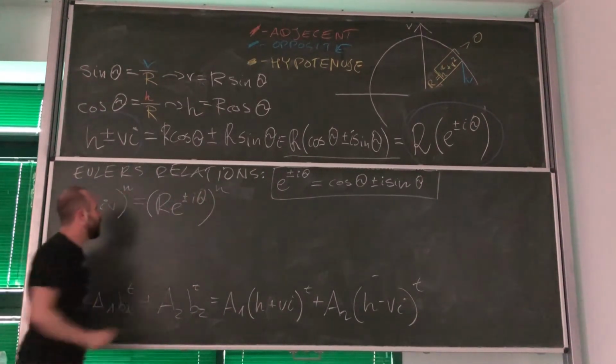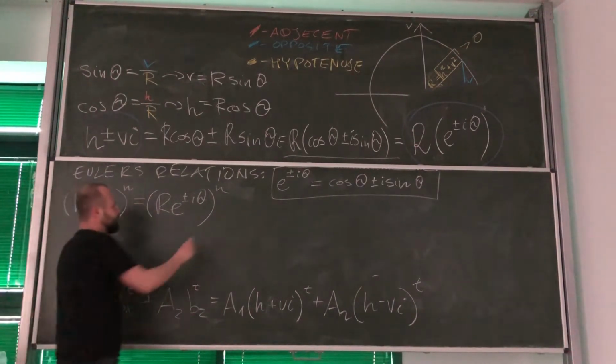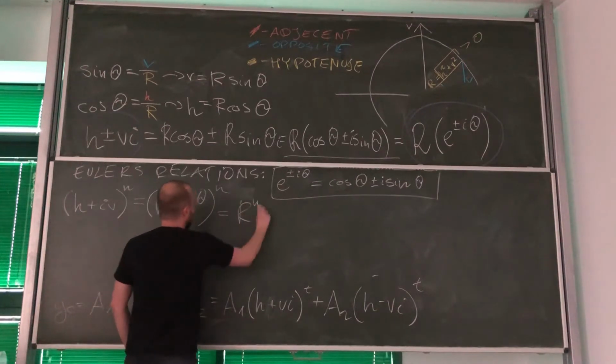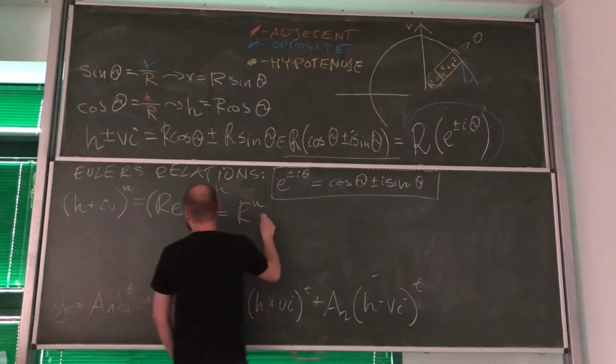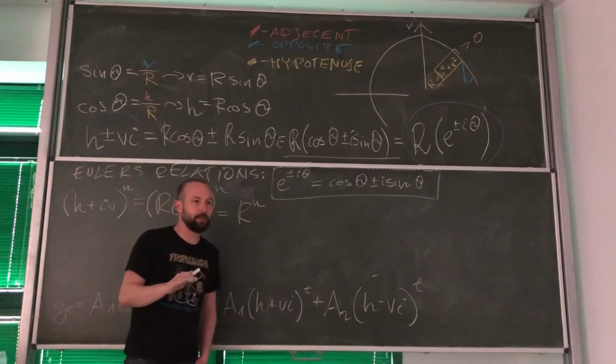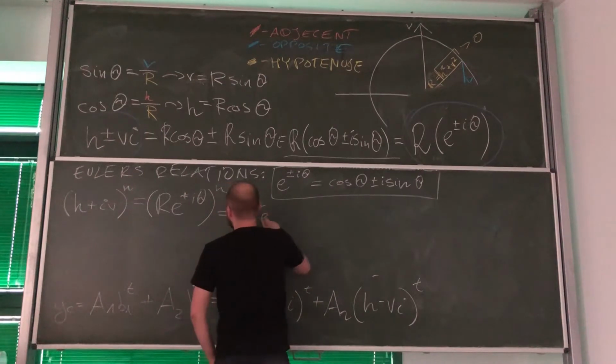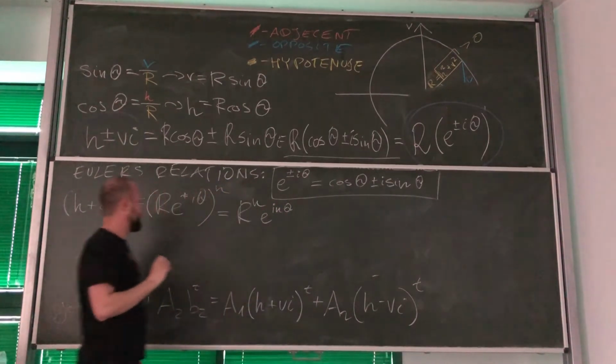We know all the necessary operations with exponentials to deal with this case. We know that this is simply going to be r to the n times e to the power i n theta, right?